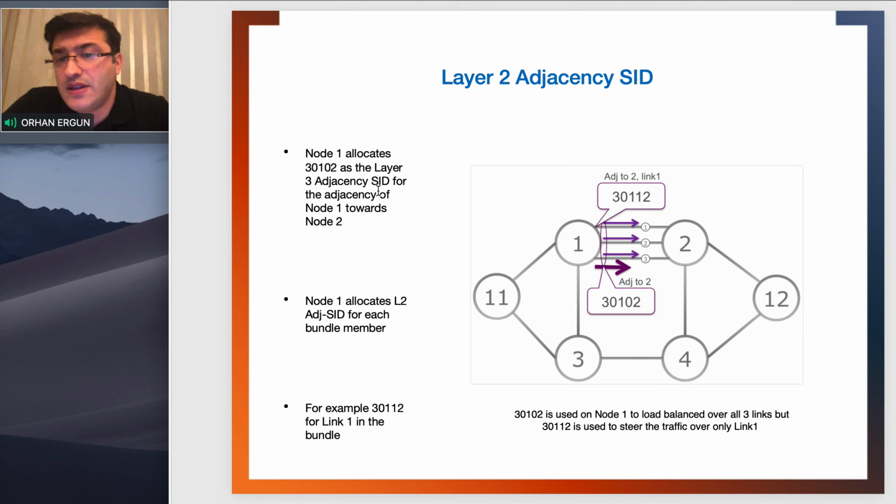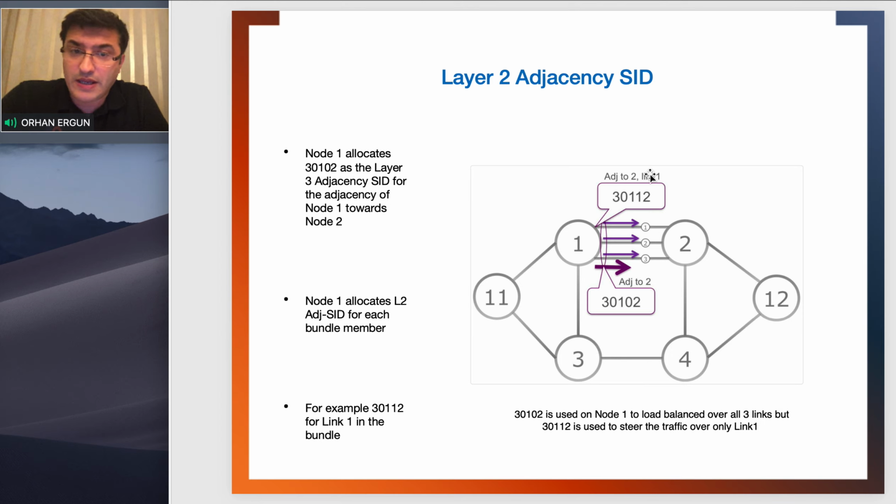Okay, as the layer 3 seed for the adjacencies of node 1 towards node 2. Because normally you also have an interface between node 1 and node 3. So you can say maybe all of them have the same cost, or maybe the total of them is providing something to OSPF and it is shorter than here, but you need to have also a layer 3 adjacency seed here, and some traffic maybe you will force over this path.